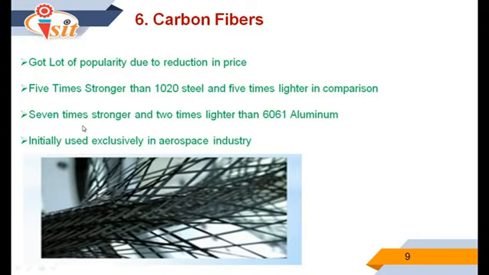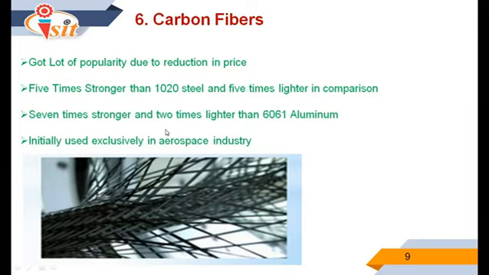If we compare carbon fibers with aluminum, they are 7 times stronger than aluminum, and almost 2 times lighter in weight. If an aluminum shaft has 1 kg weight, then we can produce the same structure with carbon fibers within 500 grams.